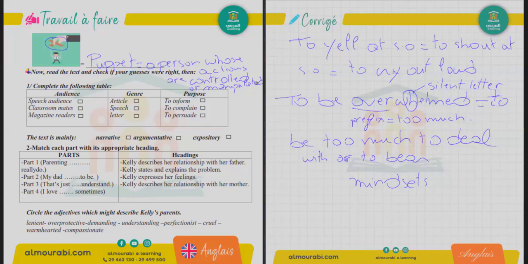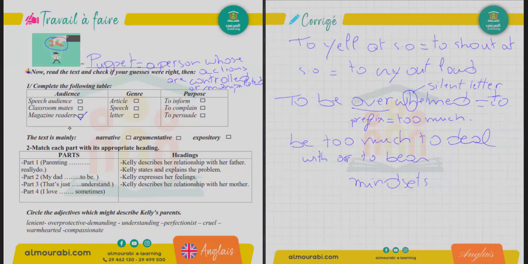Right. Now, the possible audience here, this text is destined, destiné pour qui? Is it speech audience, classroom mates or magazine readers? Who is going to read that story? Magazine readers.